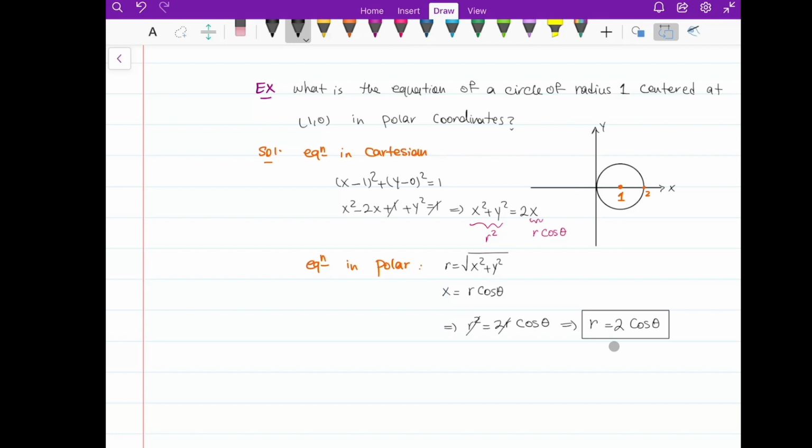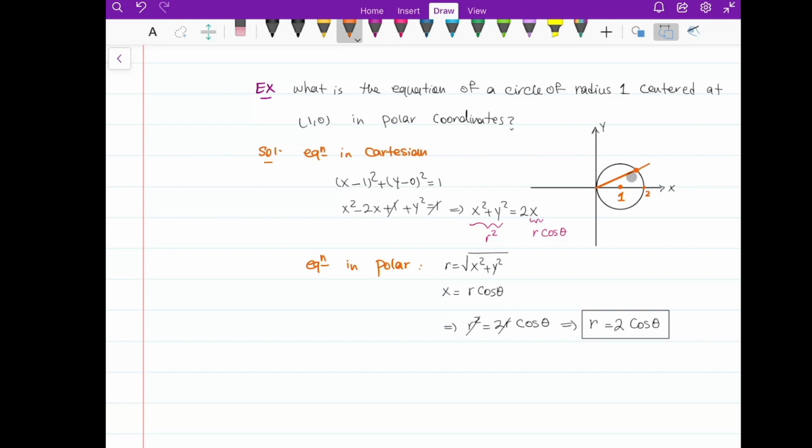But if I want to do it geometrically, I'm going to graph this, and I have a ray like this, and every point on that circle lies on it.